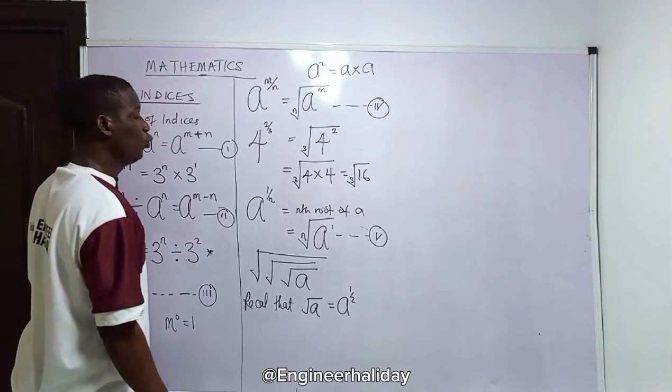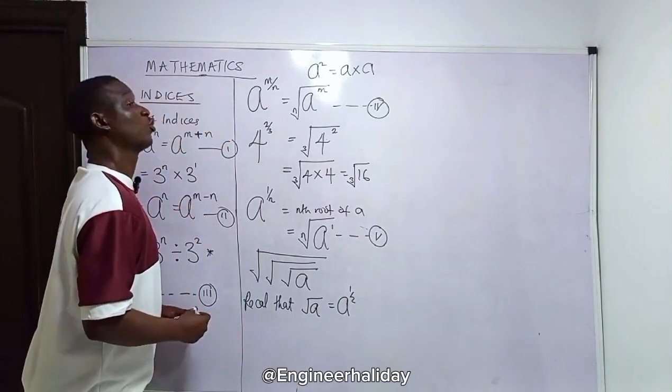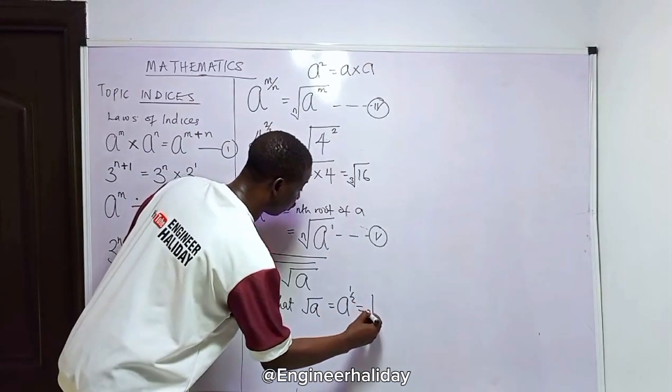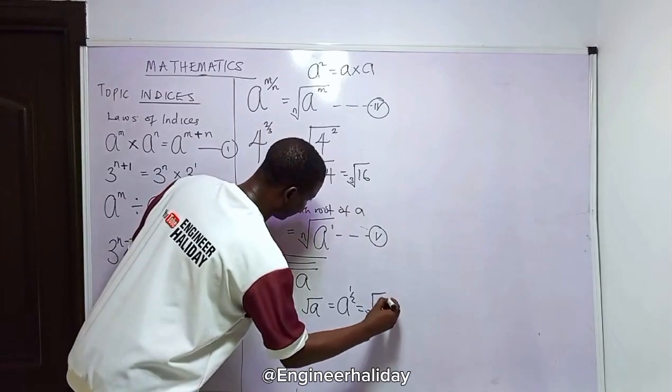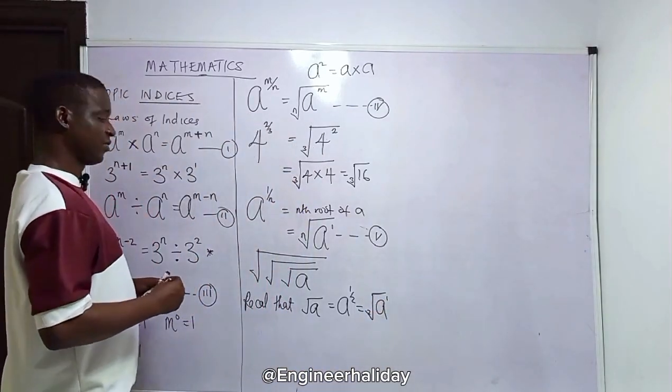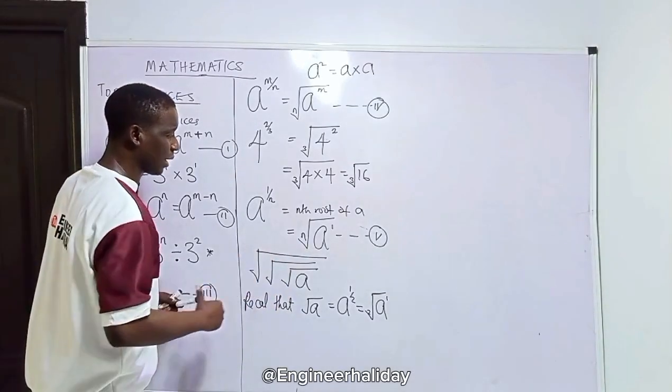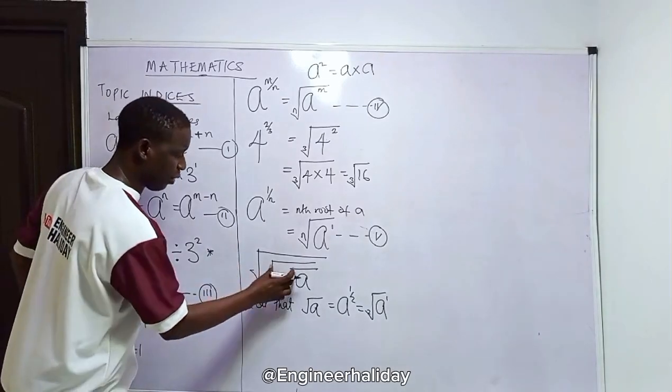So the second root of a is what we call the square root of a. So if somebody now says, Mr. Holiday, please can I put 2 here and write it like this? 1 here is correct. It's the same thing. Now I'm going somewhere, but before I talk about this one, let me talk about one more law.